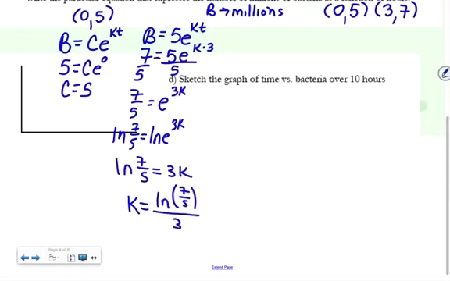That's exact. When I throw it into my calculator, I'm going to get an estimation. Okay? I do not want to round that answer yet. So what I'm going to do is take this answer and store it in A.